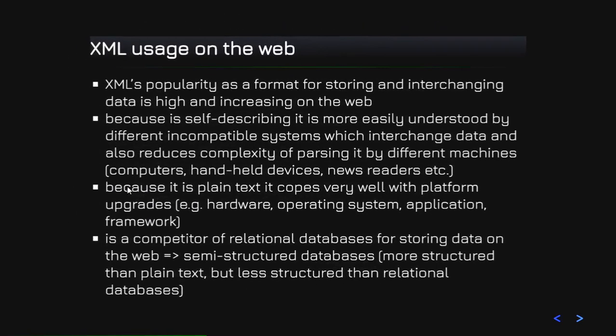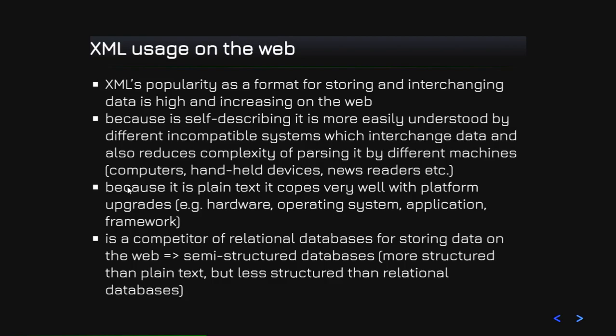Okay, XML usage. I've already told you in the beginning of this course that XML was very popular on the World Wide Web space and also outside it. It's not that popular anymore, although it is still used a lot, mostly for various configurations of servers, of containers, of IDEs, and so on.